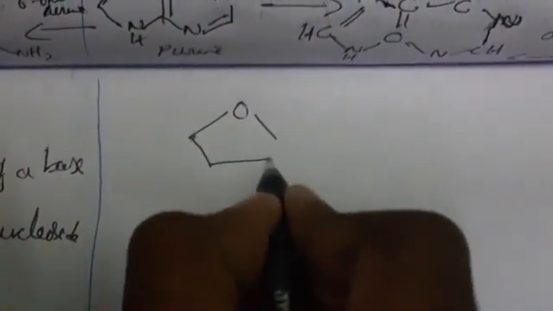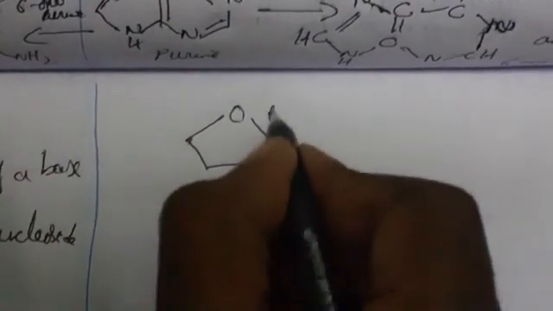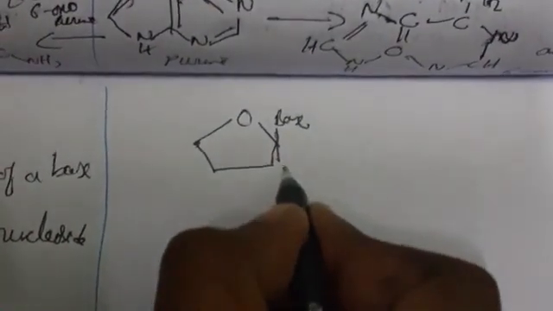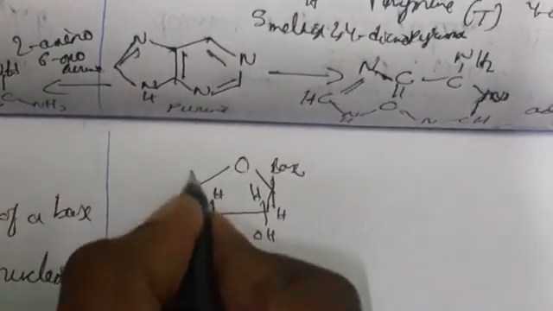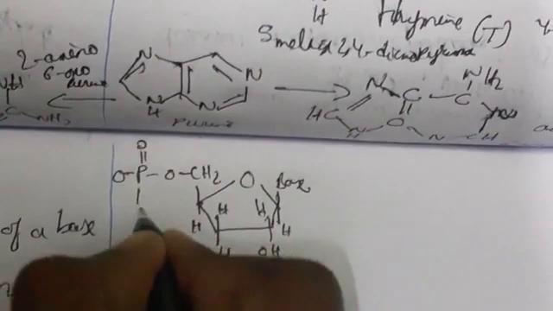The structure will be like this: base, hydrogen, OH groups, CH2, and the phosphate group, O, P double bond O, O minus.